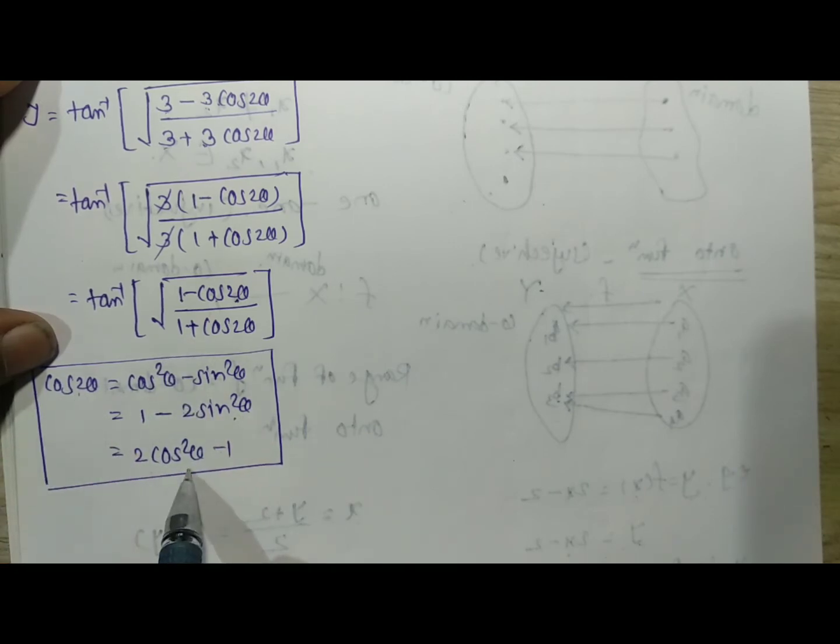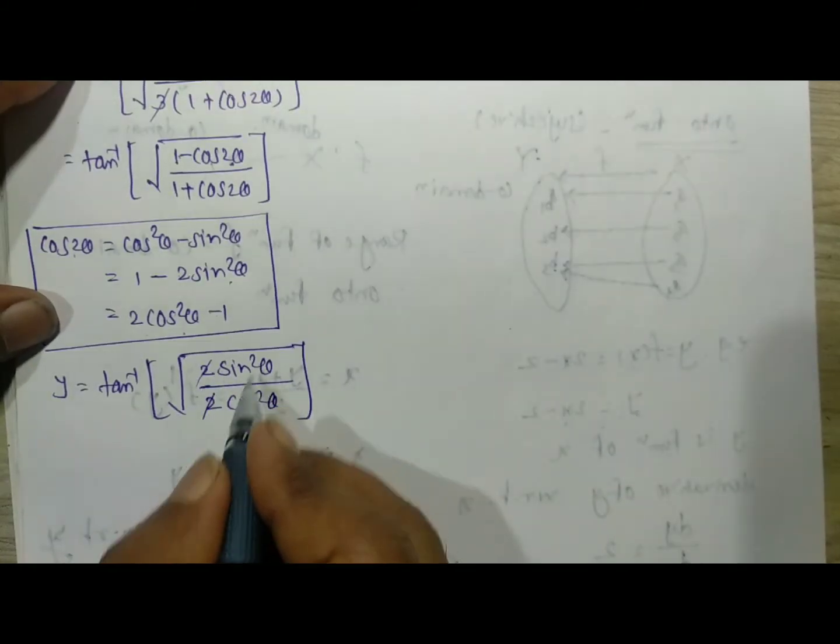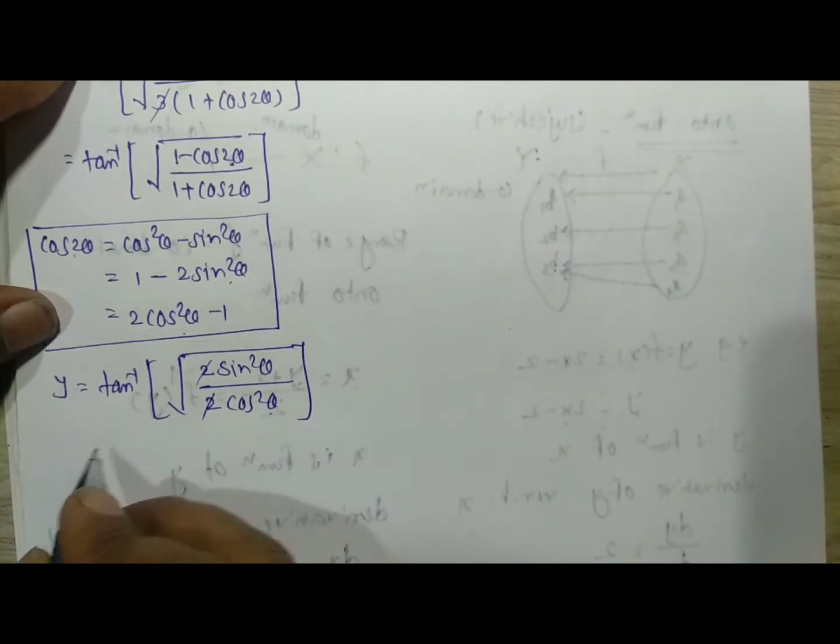Putting those values here we get y is equal to tan inverse inside the square root of 2 sin square theta divided by 2 cos square theta. The 2 and 2 cancel each other, and you get sin square theta divided by cos square theta, which is nothing but tan square theta.